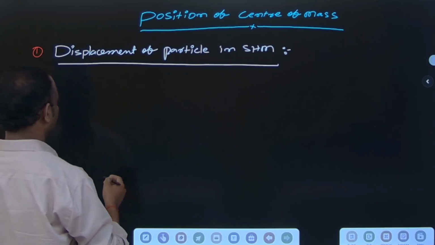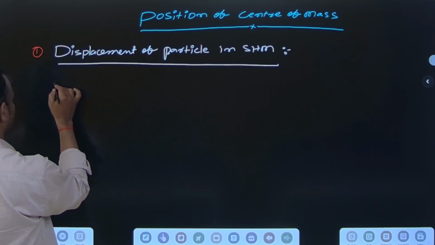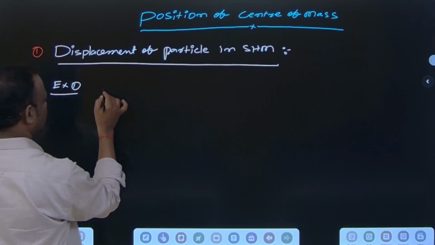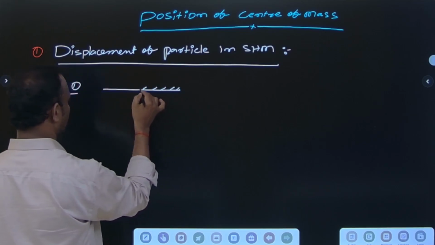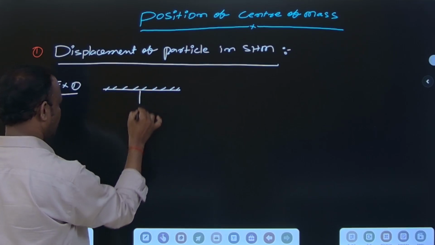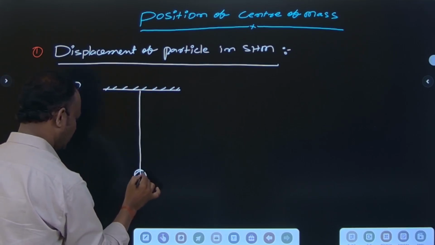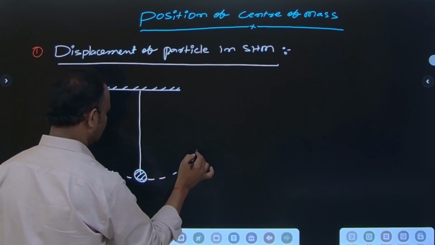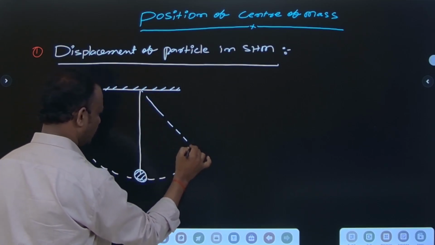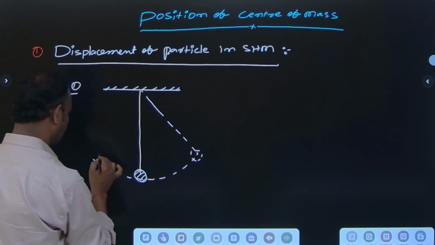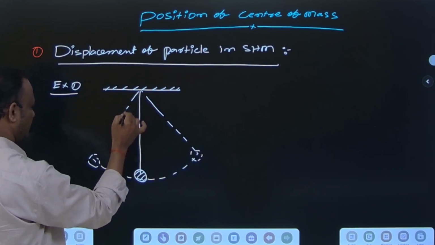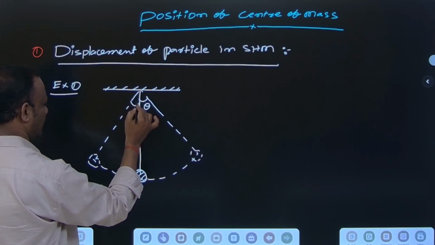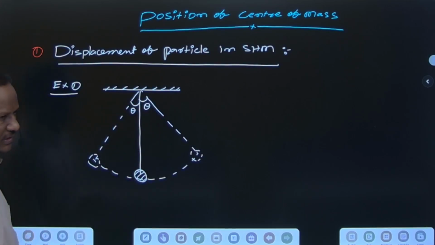For example, the first example I am taking is the simple pendulum, the best example for simple harmonic motion. It makes oscillations towards and backwards. It makes an angle theta on either side from the vertical.